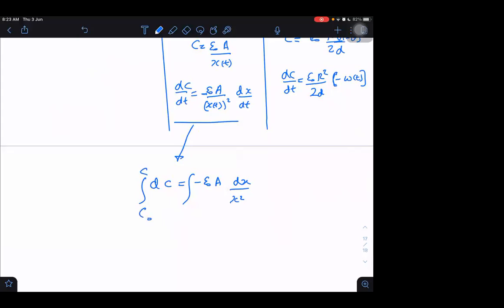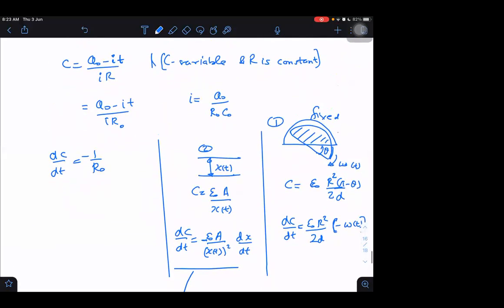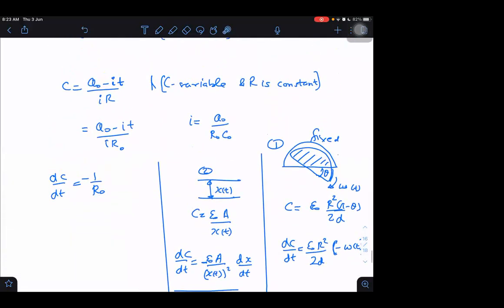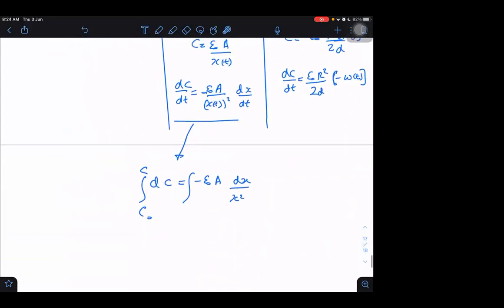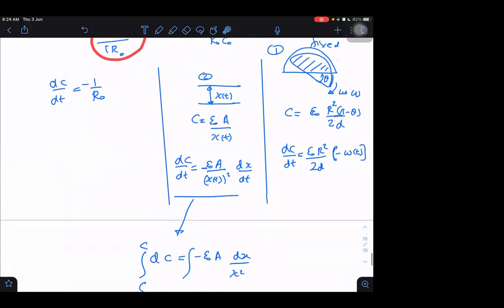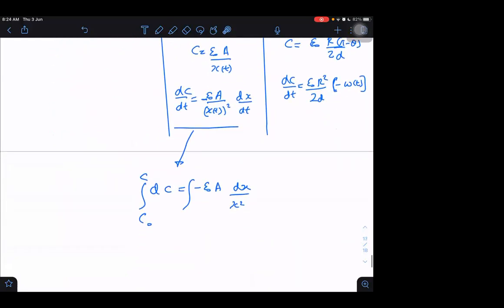And C is what? We don't know what C is. No, we know C. C is Q naught minus I t by R naught, over... then we can get, I think. So here we have to put limits from initial x naught to final x.